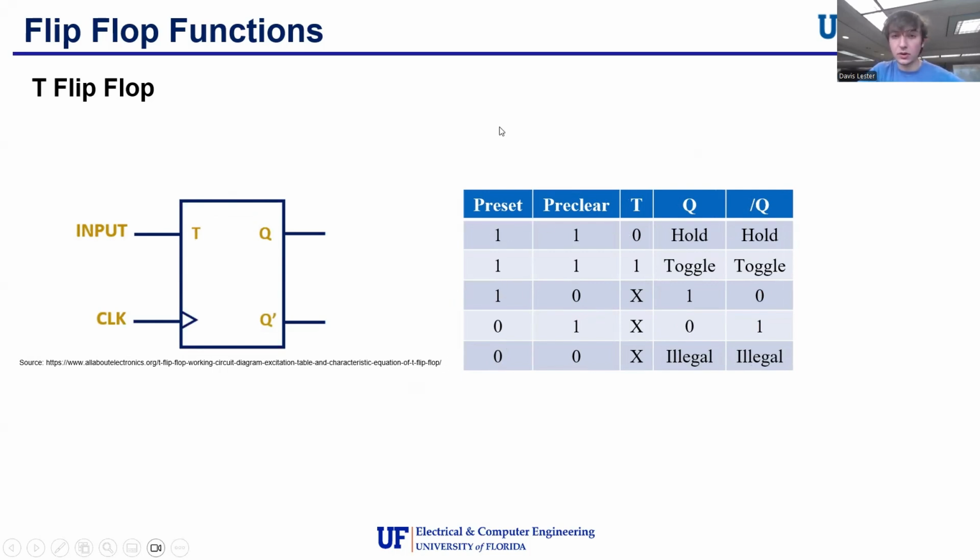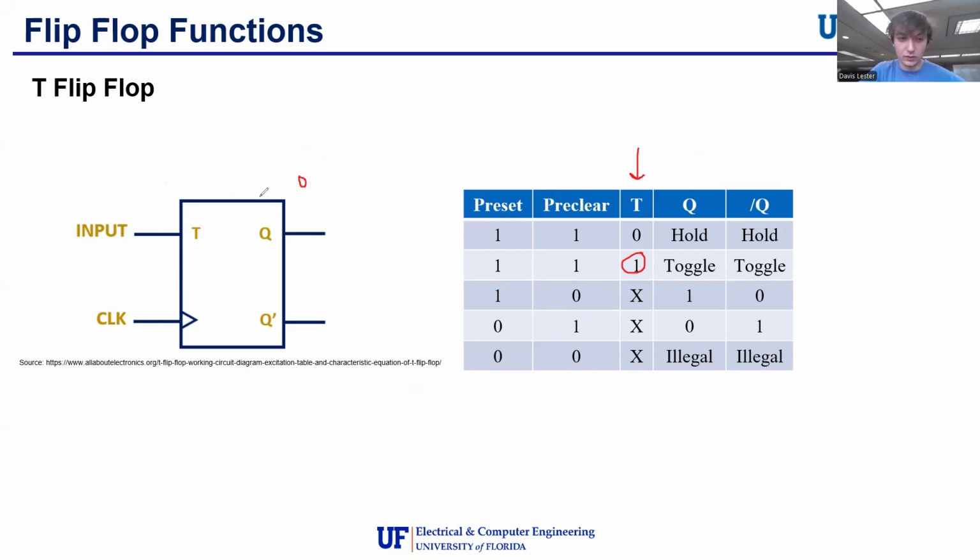So the T flip-flop, similar to the D flip-flop, will work by having whatever is in T cause it to toggle. So if T is 1, it doesn't matter what Q or Q not was before, it'll be inverse. So let's say for an example, if I had 0 and we input a 1, after a clock signal, this 0 is going to become a 1 as it toggles.